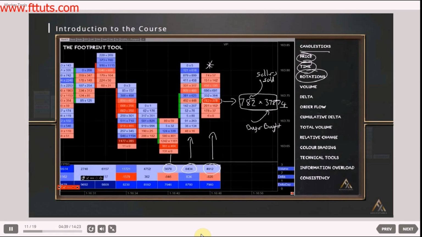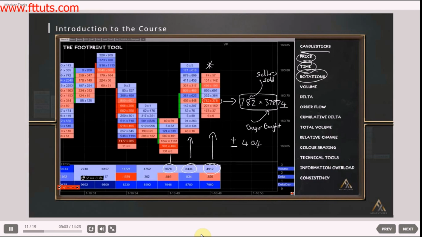Now, the net difference between the two, 404, is simply regarded as the delta. So it's the net difference between how much volume a seller has sold and how much volume a buyer has bought. That net difference can be represented as a positive or a negative.